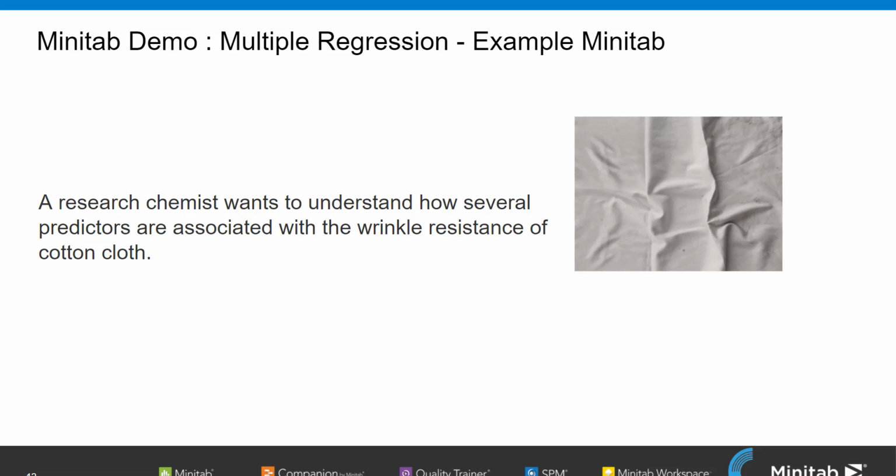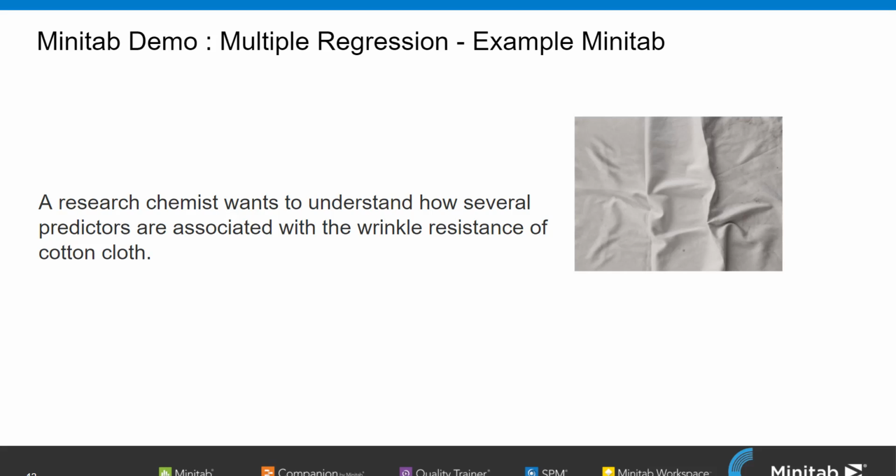The durable press rating measures the wrinkle resistance, and it's recorded for each of the 32 pieces of cotton. How do we know which of these predictors are important and which to use to predict the rating of this cotton cloth? For that we use a multiple regression analysis.